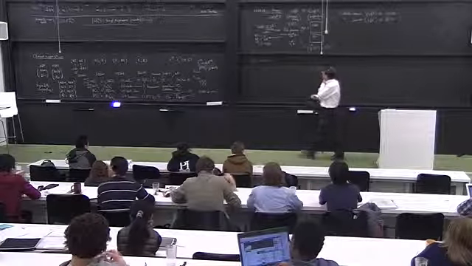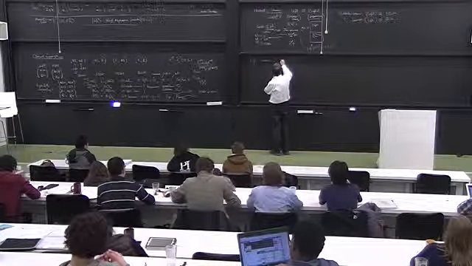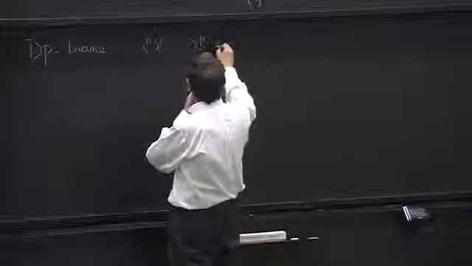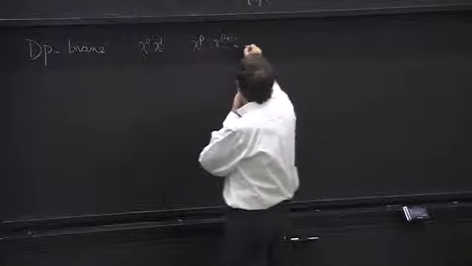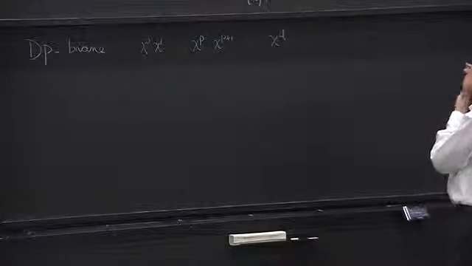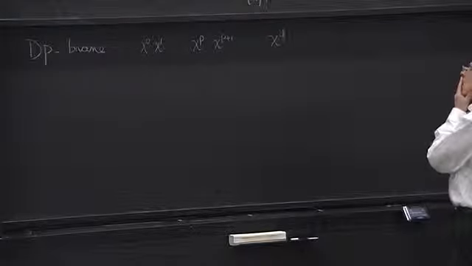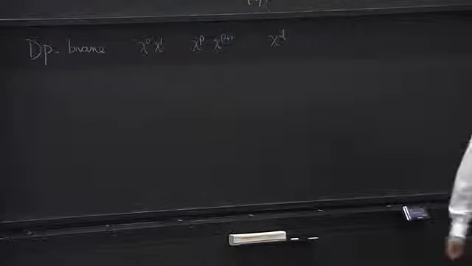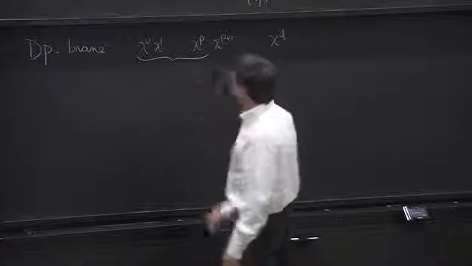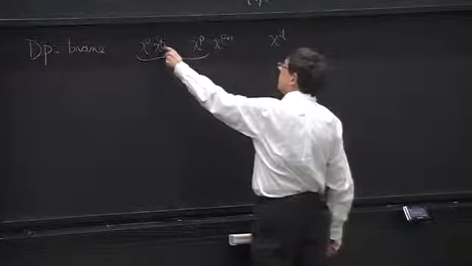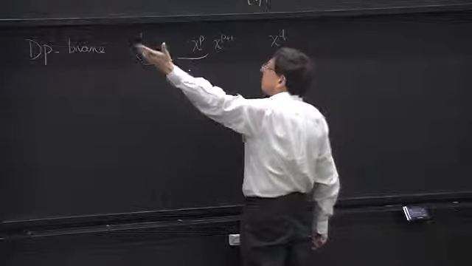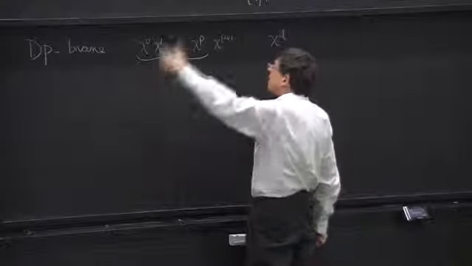So if you think of all your coordinates of space-time, x0, x1, up to xp, and xp plus 1, up to xd, the D-brane fills the first p directions because it fills p spatial dimensions, let's say they're the first ones. And certainly time exists for the D-brane sitting there.